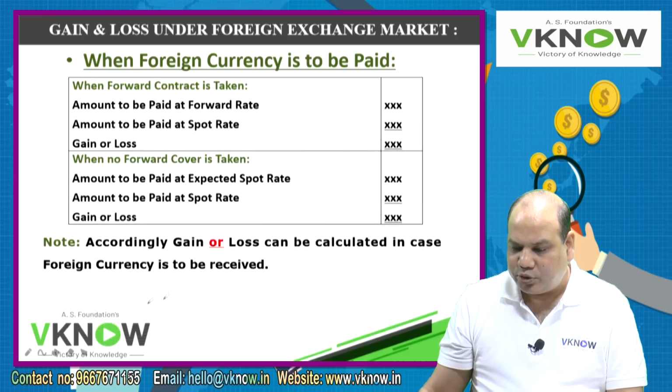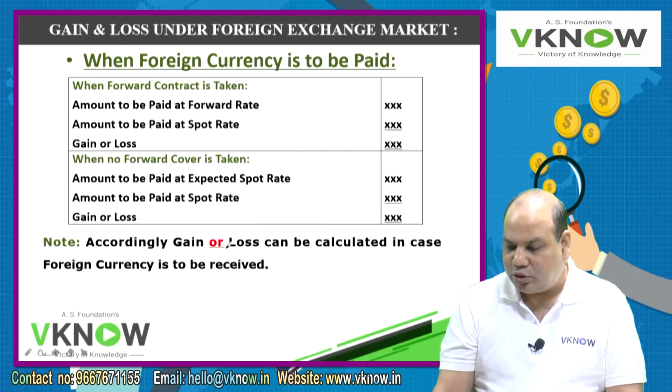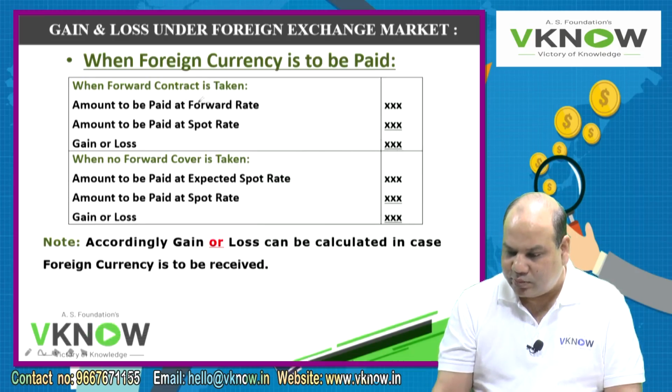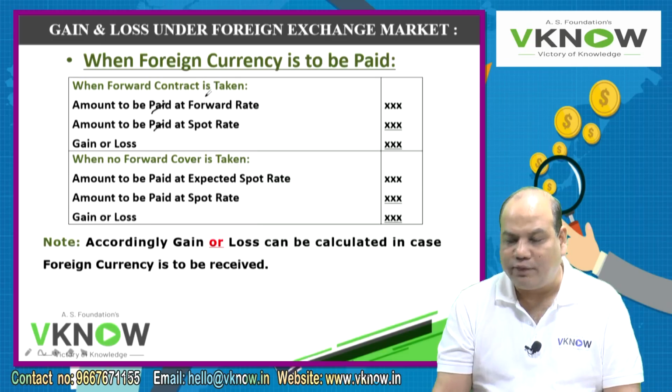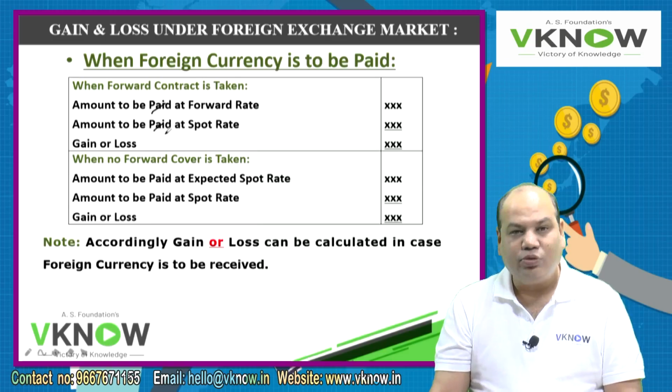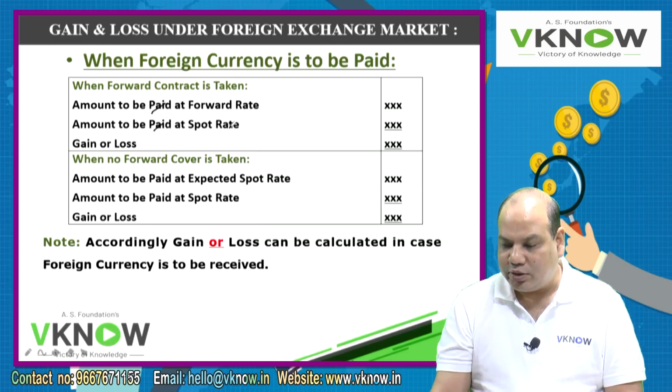In case of an exporter, you have to calculate the gain or loss if the foreign currency is to be received. So here all this paid will become received. Calculate the amount to be received at the forward rate for the exporter, and the amount to be received as per spot rate.